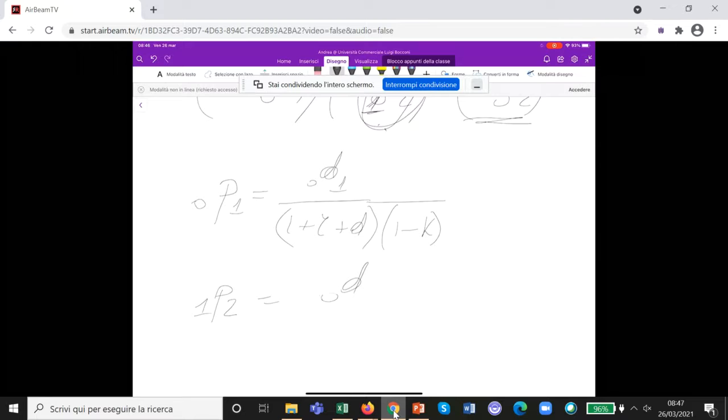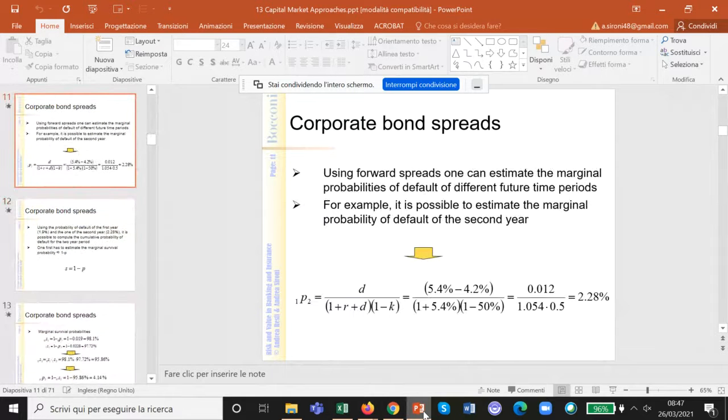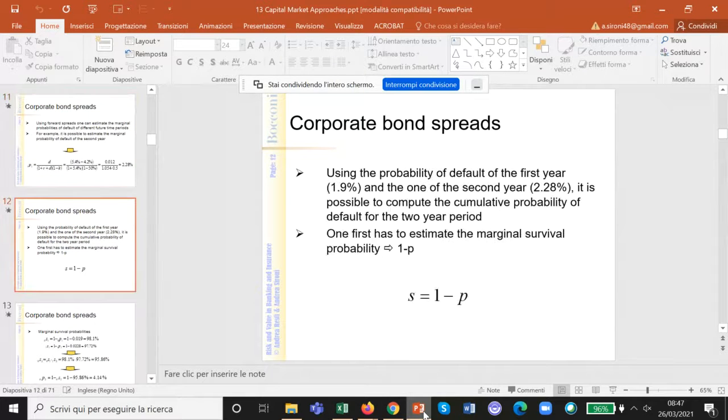And this, of course, would be based on the forward spread, i.e., 1 to 2, divided by 1 plus R plus D, again from 1 to 2, times 1 minus K. So not only can we use interest rate spreads to estimate spot probabilities of default, but also the forward ones. And here, with this example, it would be 2.28%.